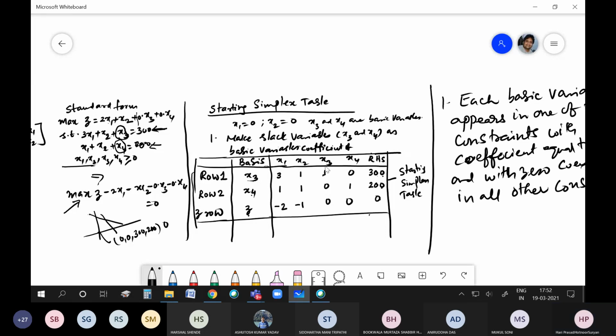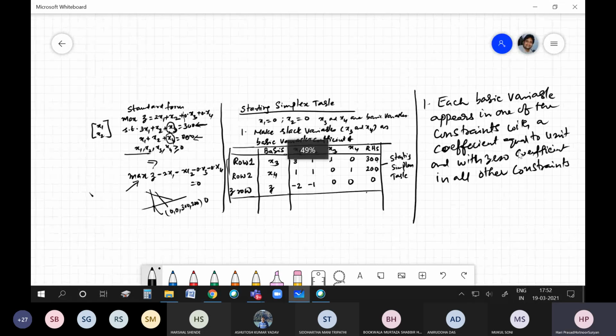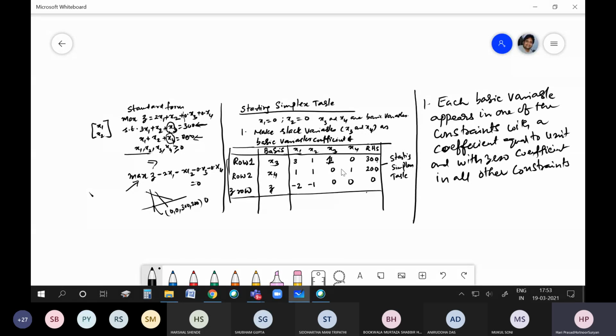Each basic variable appears only in one of the constraints with coefficient equal to 1, and in the rest of the constraints, here there are only two constraints, the coefficient is 0. In constraint 2, what is the coefficient of x3?